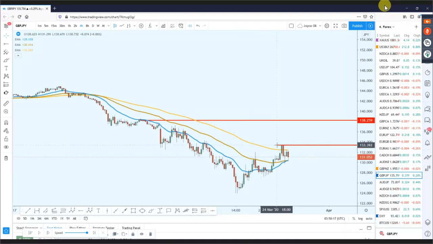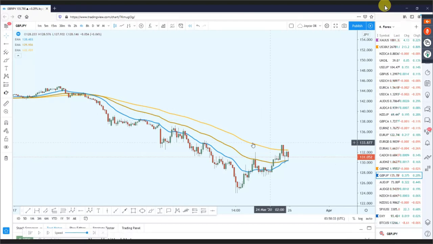Okay, stopped out right here. So that would be a profit of 493 pips. That's not too bad. Okay. So what other indicators can we use it with?